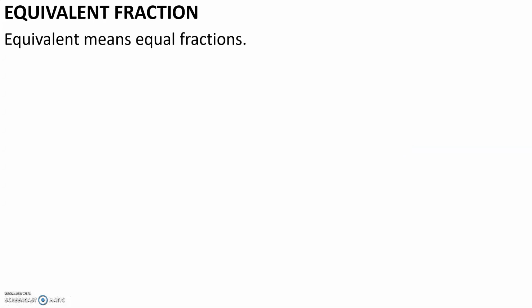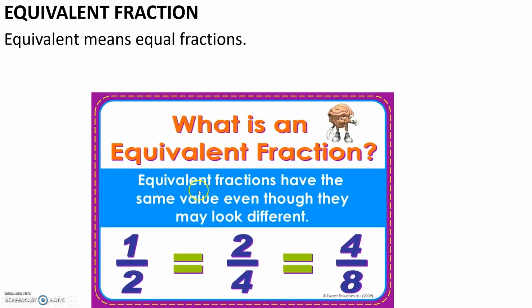Moving ahead. Now, equivalent fractions. Equivalent means equal fractions, as I told you earlier. Equivalent fractions have the same value even though they may look different. They have same value, but they look different. See children, these two numbers we have already seen in the previous slide, 1 upon 2 and 2 upon 4.